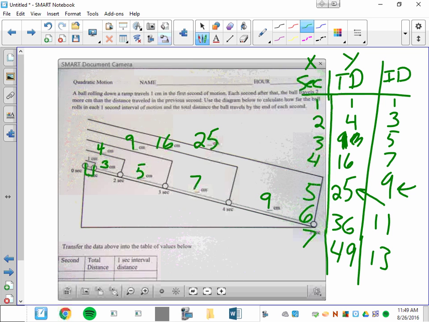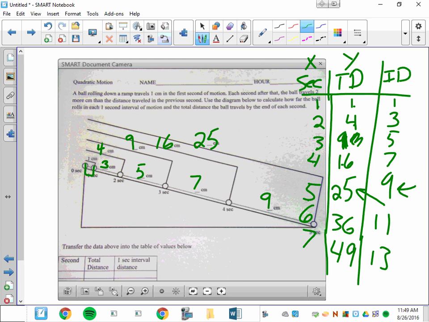Have you figured out why we call it squared? Oh, I see what you did there. I actually see what you're talking about. So let me point that out for those of you who don't. 1 squared is 1, 2 squared is 4, 3 squared is 9, 4 squared is 16, 5 squared is 25, 6 squared and 7 squared all work.